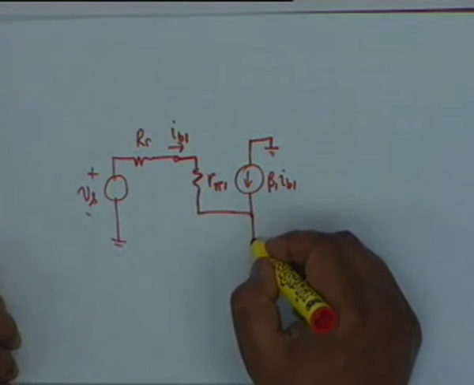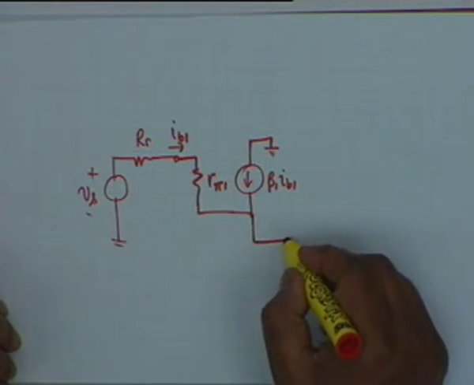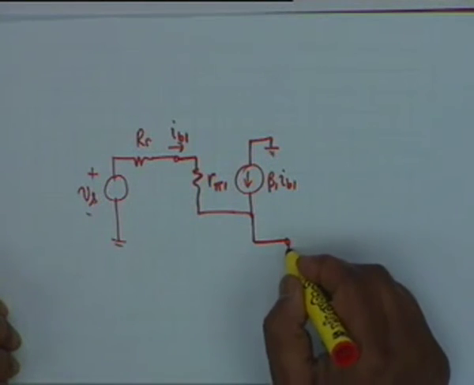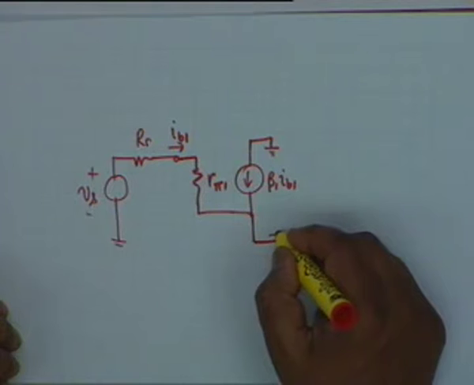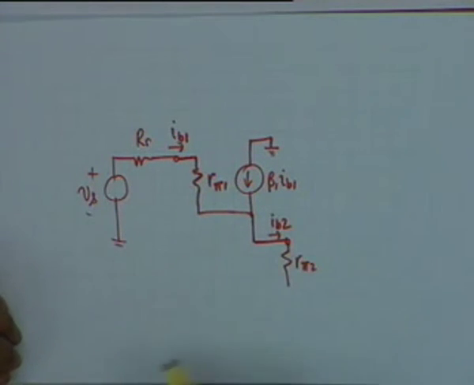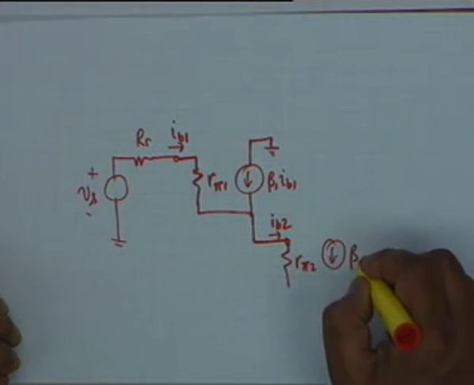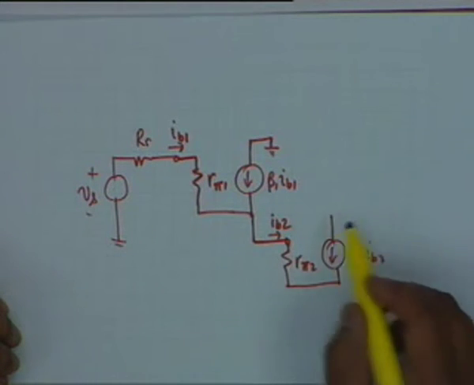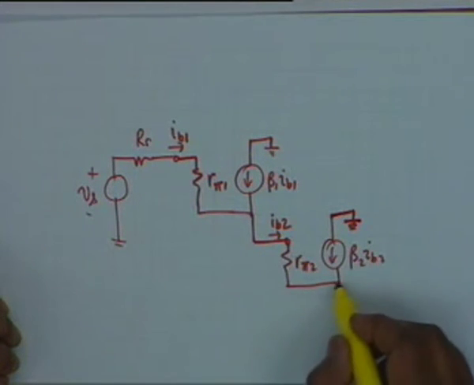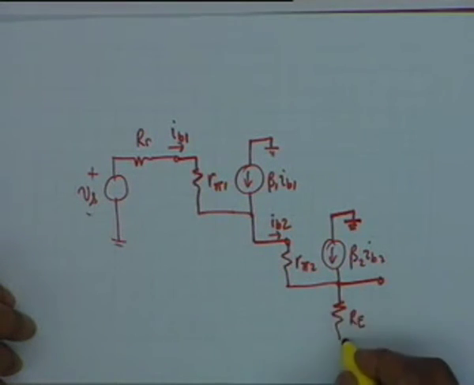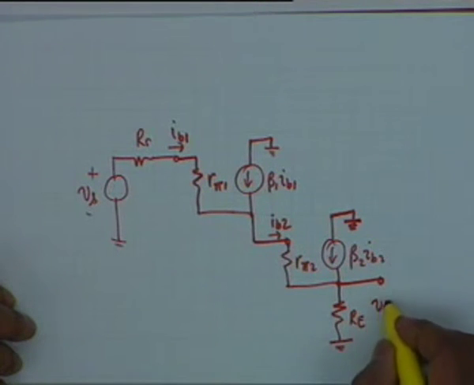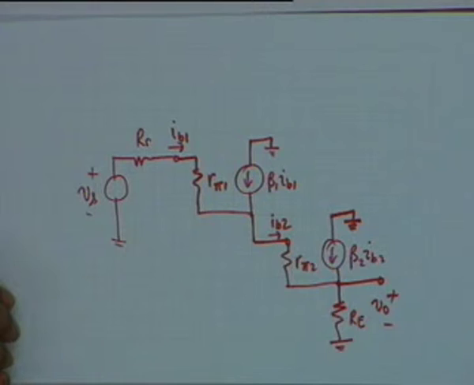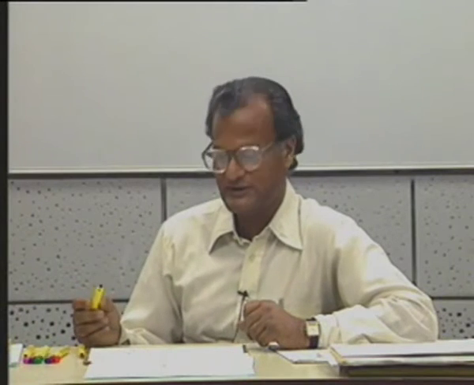Now whatever the current is goes to the second transistor, and we have R pi 2, so this current is IB2, and then we have beta 2 IB2. The two come together. Where does this go? Ground once again, and then this current now flows through RE, and this is the output V0. This is the equivalent circuit, and you can very easily analyze this just by looking, just by common sense.